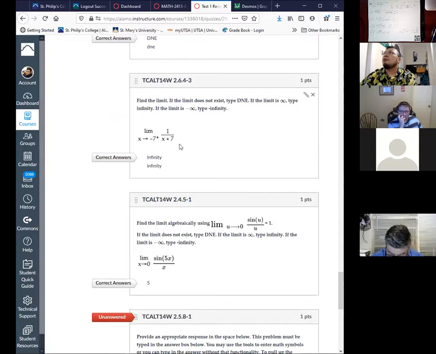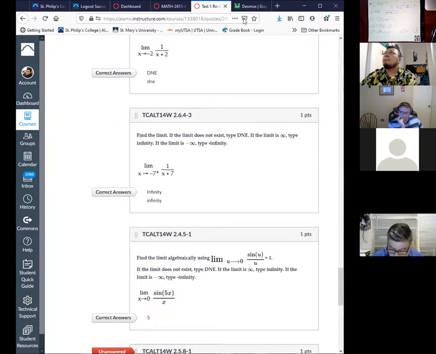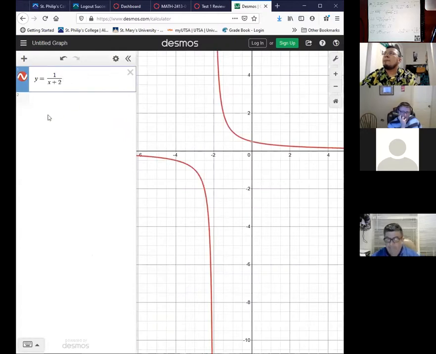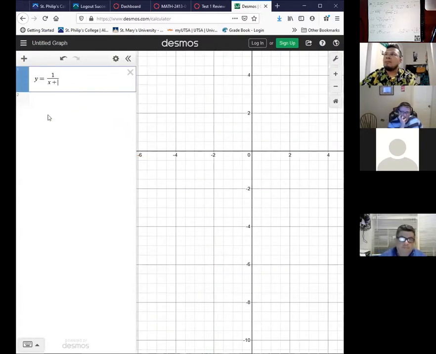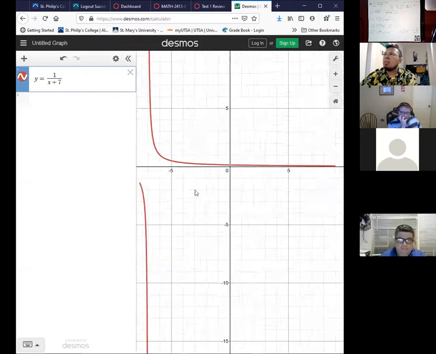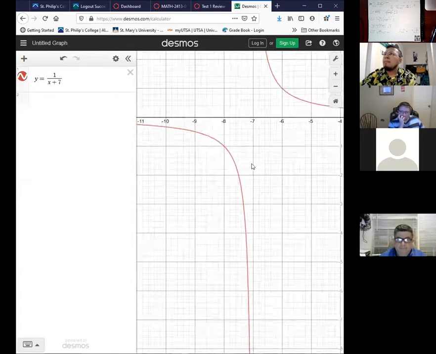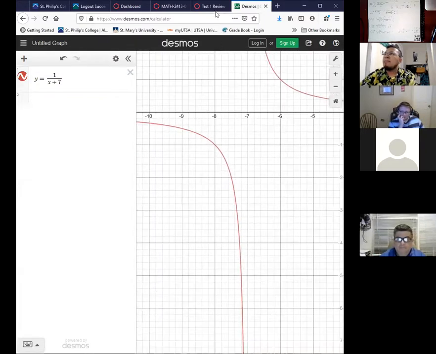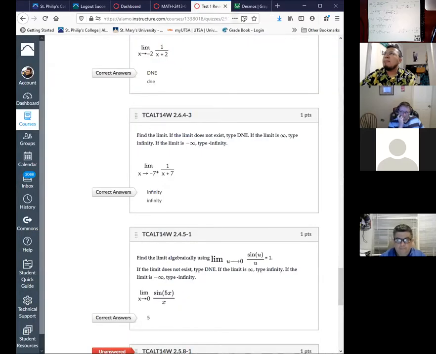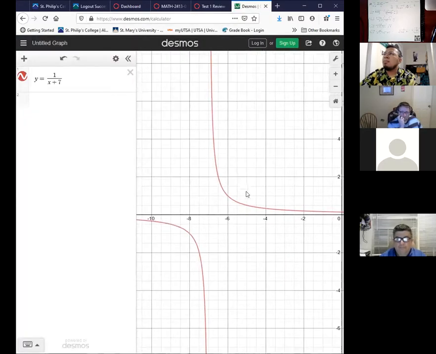This one looks like what somebody was just asking about. So -7 is right there, and it said from the positive side, so from the right. So I approach -7 from the right.